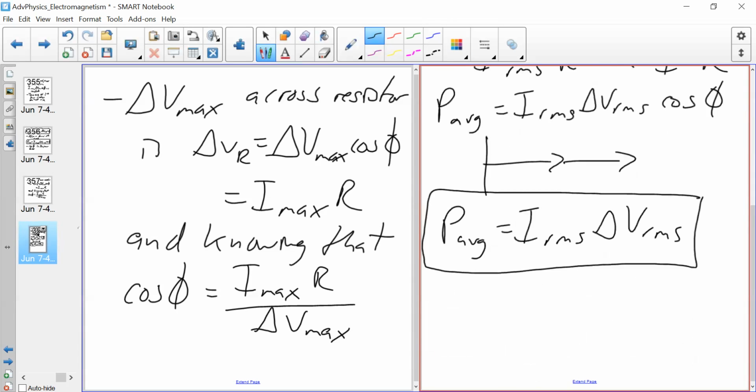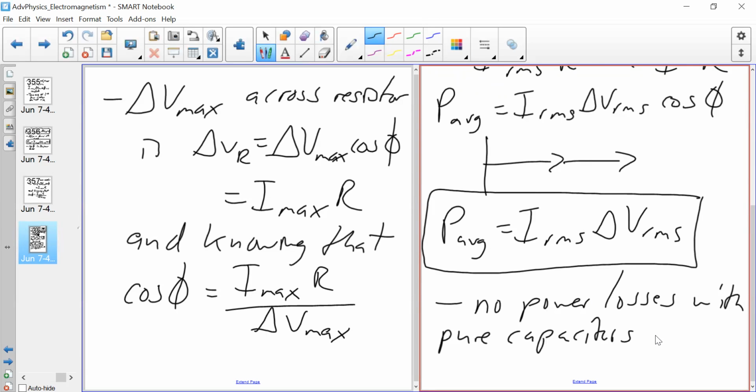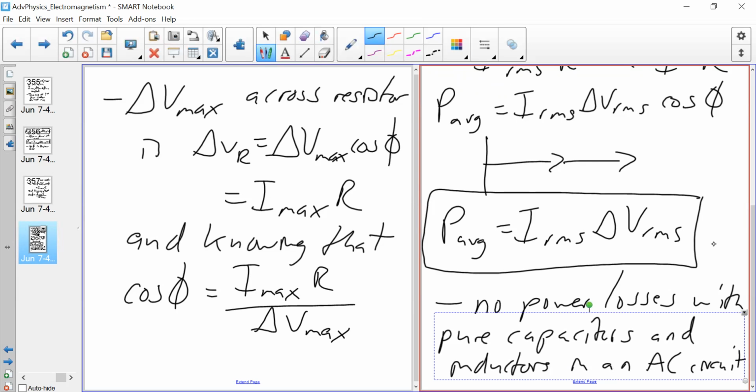So let me just write that out. So we get no power losses in capacitors and inductors in an AC circuit.